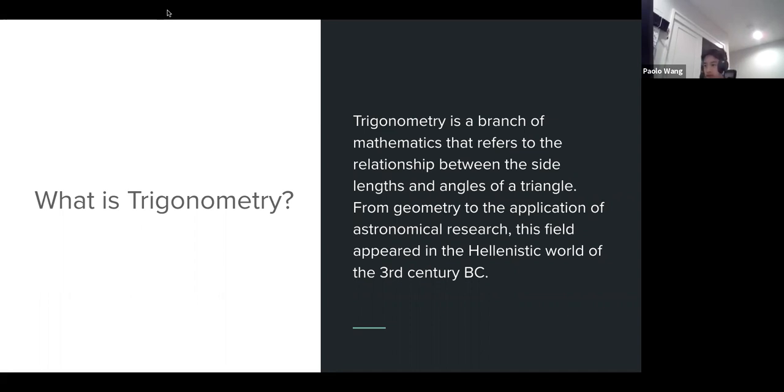So from geometry to the application of astronomical research, this field appeared in the Hellenistic world in the 3rd century BC. So this has been here for a long time.